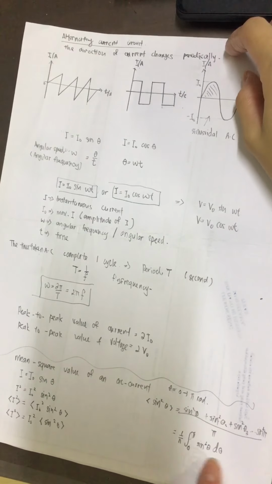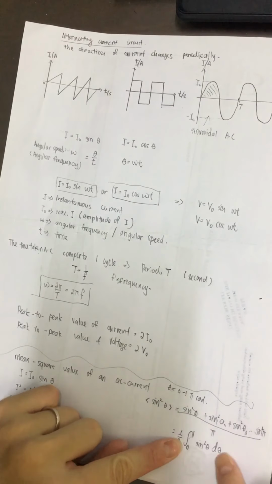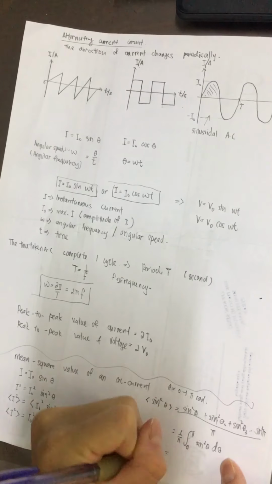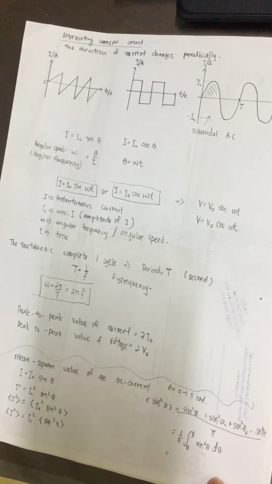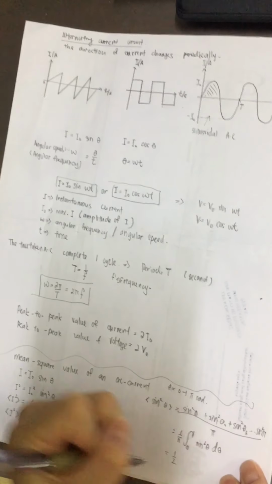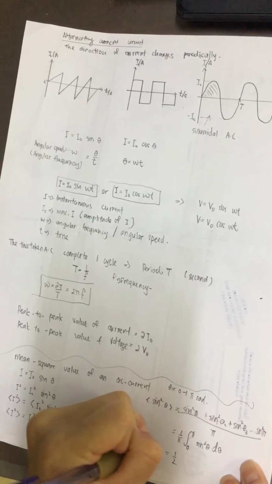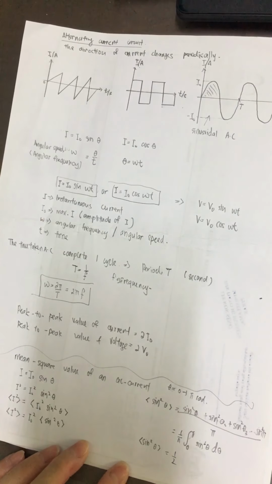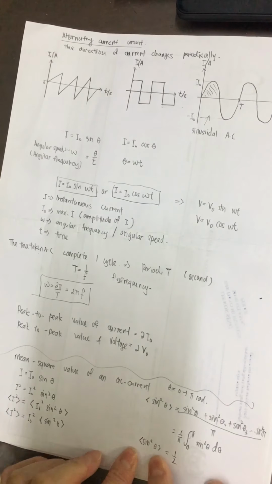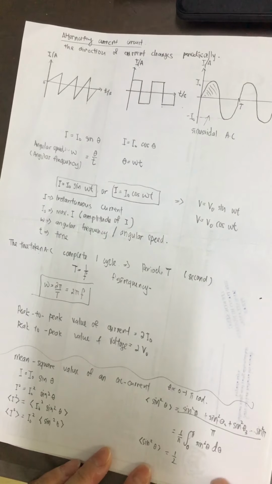When you do the integration and simplify, you will get the mean value of sine squared equal to 1/2.